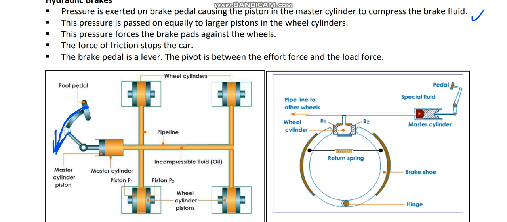As you press down here, the liquid inside is going to be compressed. So it applies pressure on the brake fluid, and the brake fluid transmits the pressure equally to all the four wheels, 1, 2, 3, 4.